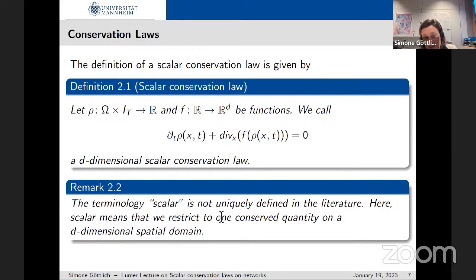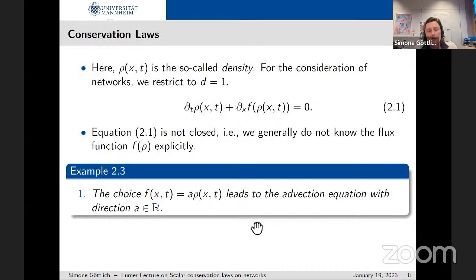But I've already told you that in the case of networks, we are mostly interested in equations that correspond to only one spatial dimension. That's why d equals 1 is the setting from now on. So that's why we say that this rho is nothing else than the density in our setting.